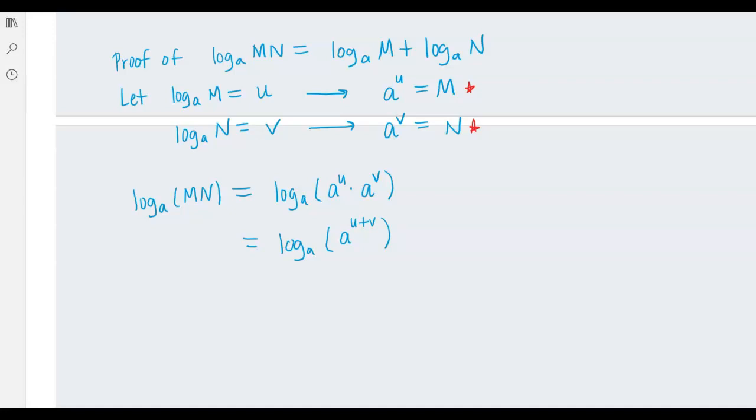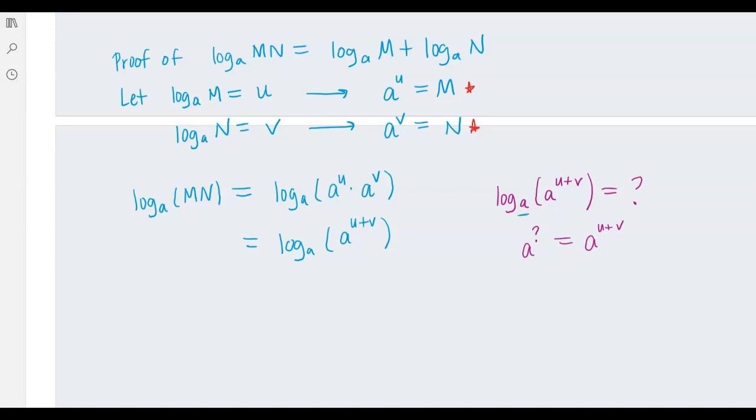And then I want to know how to simplify this. Do a little work here on the side. Suppose I have log base a of a to the u plus v equals something, right? Rewriting this as an exponential, I have a to the something power, I don't know what it is, equals a to the u plus v. Again, I'm changing to exponential.